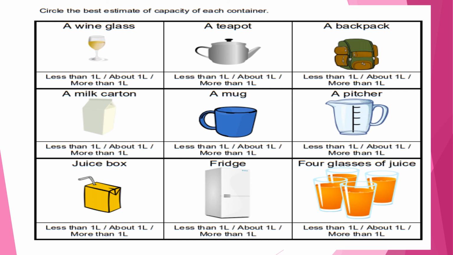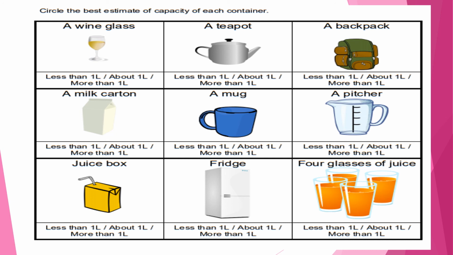Now we have 3 options here. The first one: is this wine glass less than 1 liter? Or is it about 1 liter? Or do you think it's more than a liter?